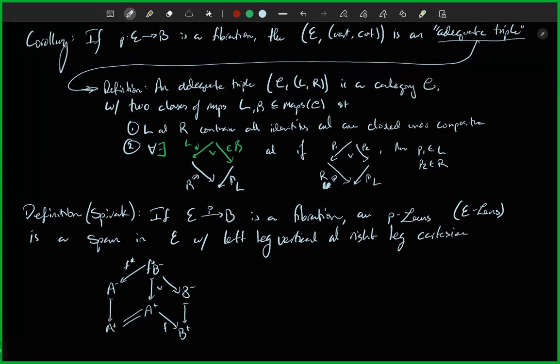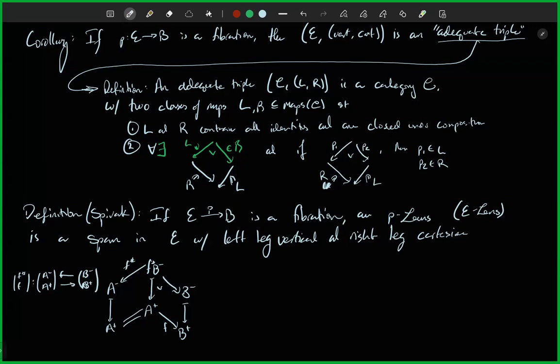As you can see, we could write this again as F sharp from A plus, A minus, left to right, B plus, B minus, because it only has these two bits of data.